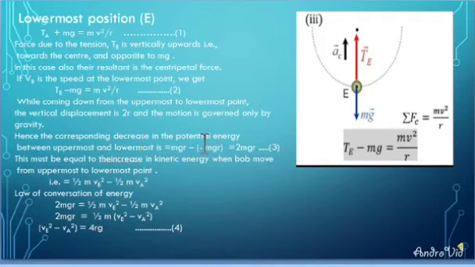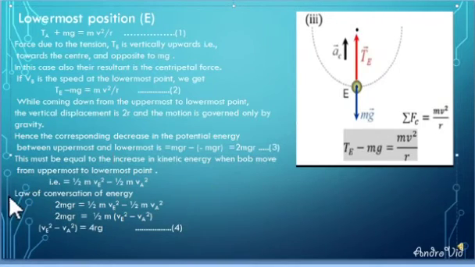Hence the corresponding decrease in potential energy will be 2mgr. This potential energy must be equal to the increase in kinetic energy, since potential energy is converted to kinetic energy when the bob moves from the uppermost to the lowermost position.